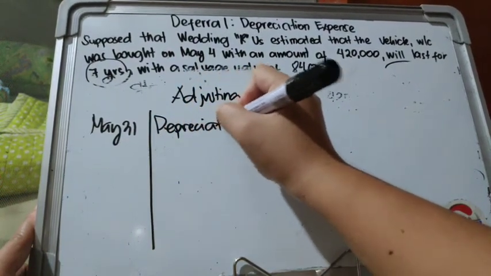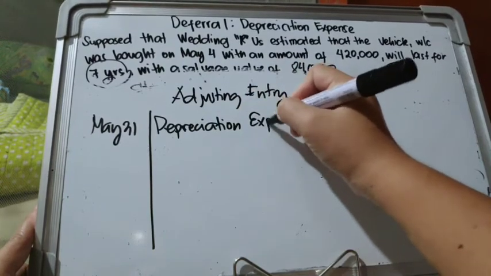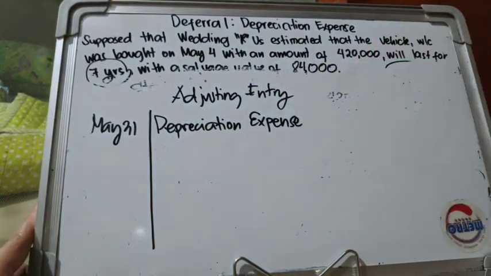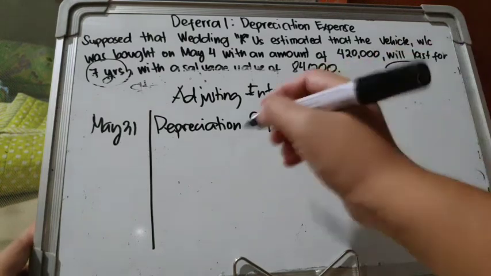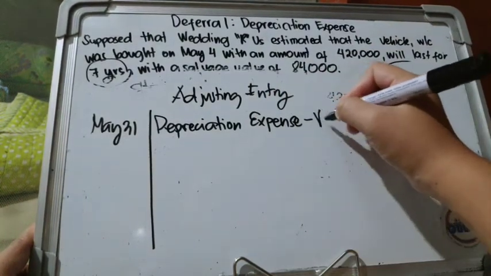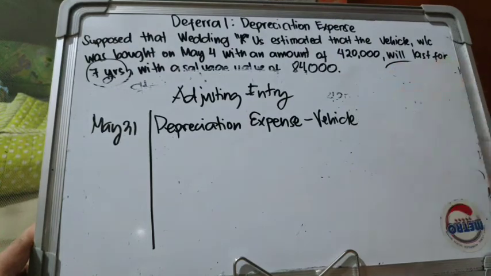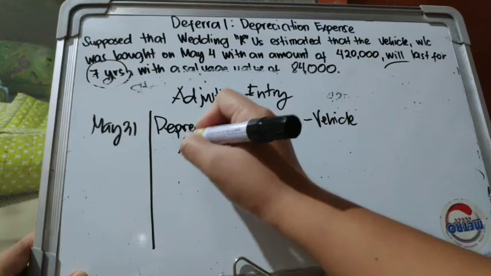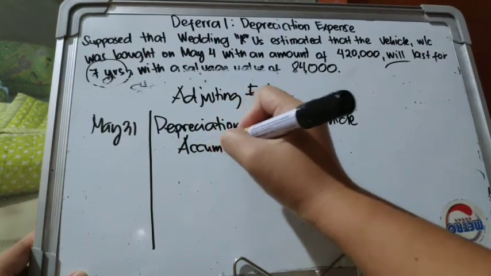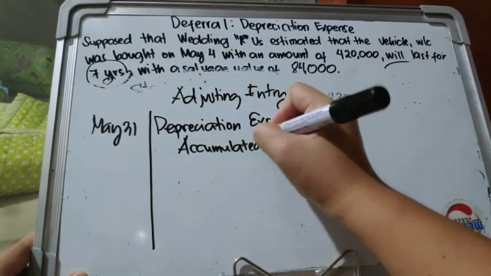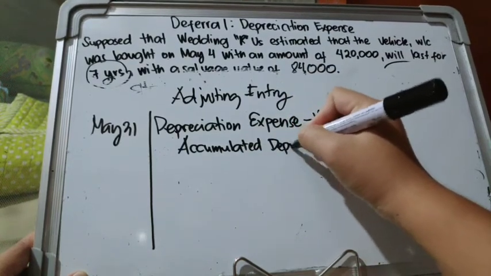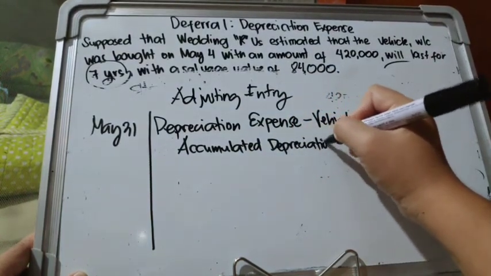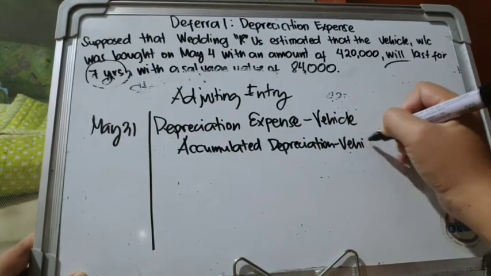So, you will memorize this. Depreciation expense on the debit side, hindi na to ma-change. Kapag nagre-record ka ng adjusting entries for the depreciation expense, ito talaga yung entry mo for the adjusting. And then, you will put the type of property, plant, and equipment na nag-depreciate, which is the vehicle. And then, your credit side will be accumulated depreciation for the vehicle. Okay.